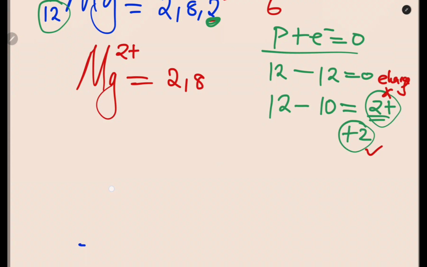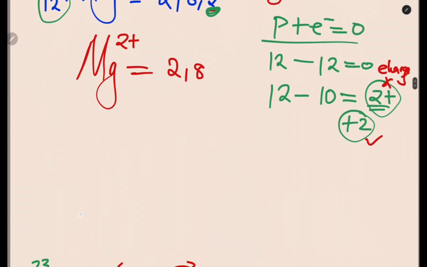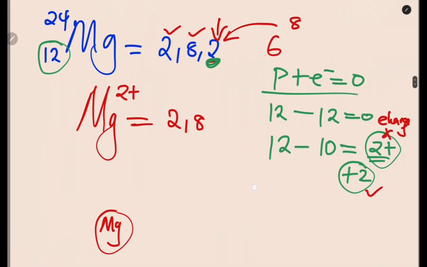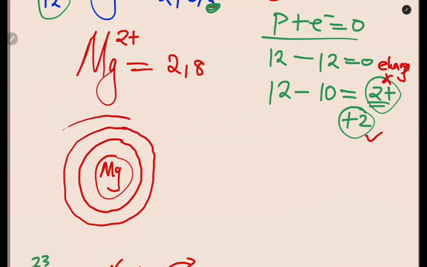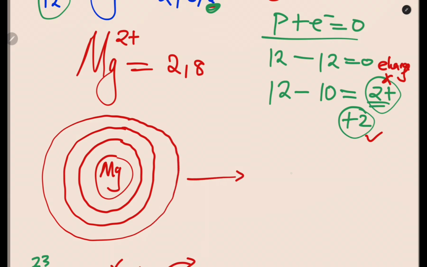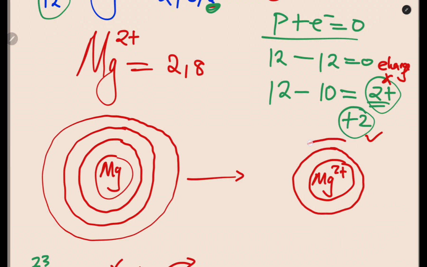So in terms of structure, you can put Mg, then how many circles around? The normal one, 3 circles. So 1, 2, 3. Then here we can put the Mg ion, 1, 2.